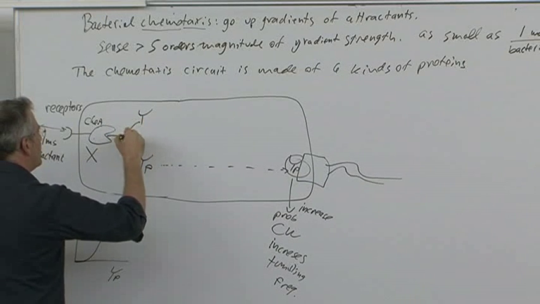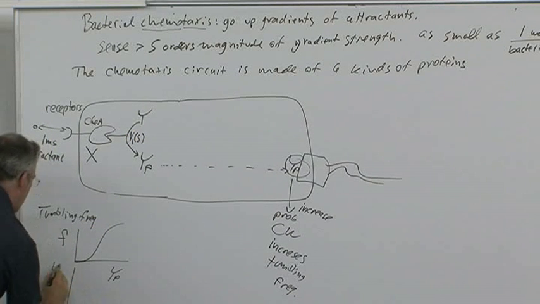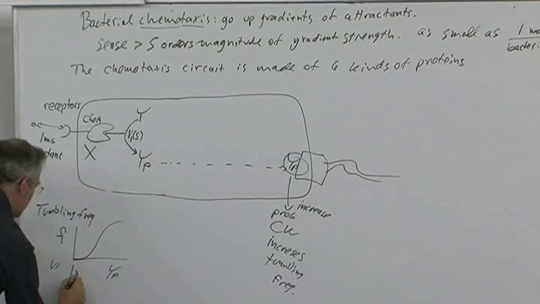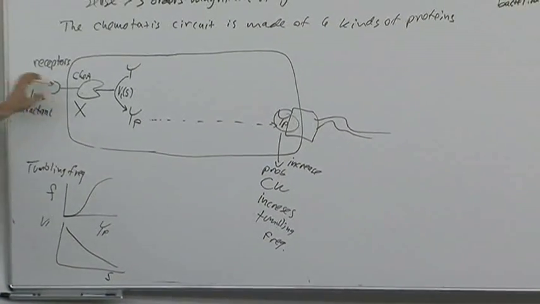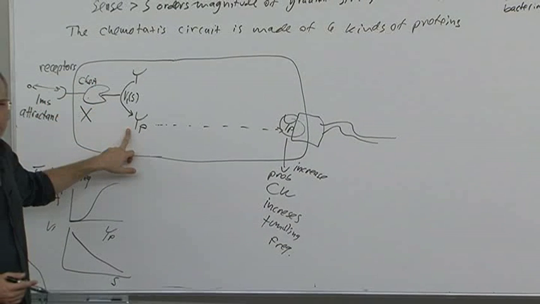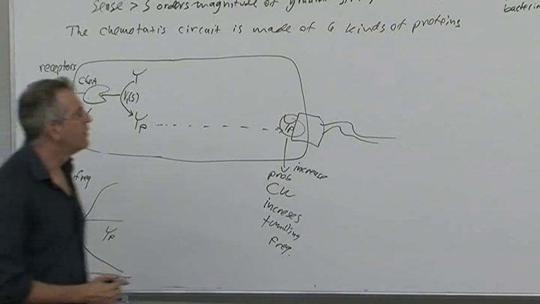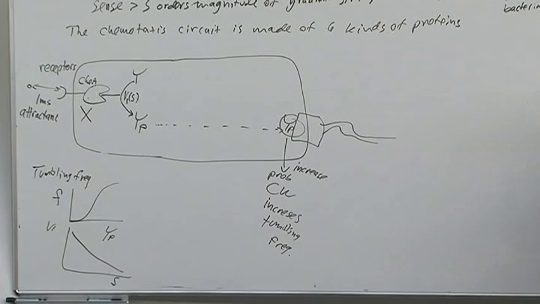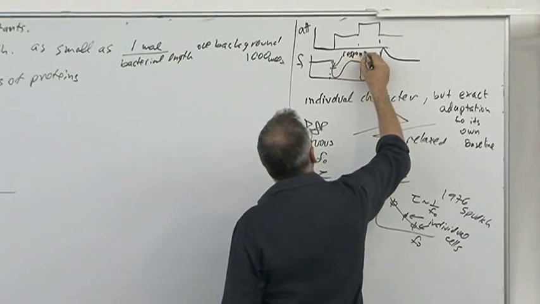This kinase activity here decreases with attractant. So attractant binds, there's less of this Y phosphate, less tumbling, and we get this response.